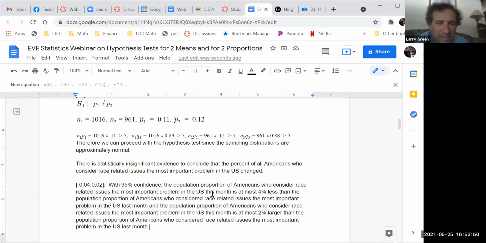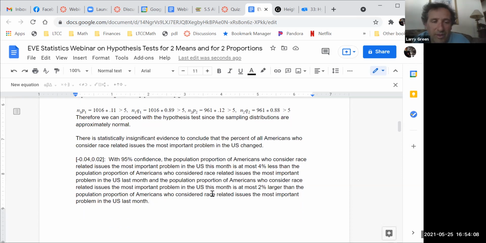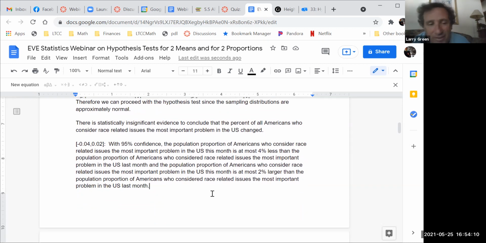That's just silly. That's why 4% less. If they're both positive, then you only have to have half of what I wrote, and you say between those percents more. If they're both negative, you say between those percents less. Any questions on this confidence interval interpretation?